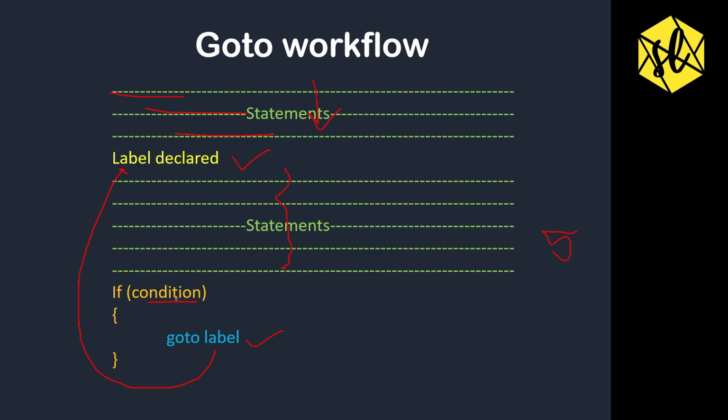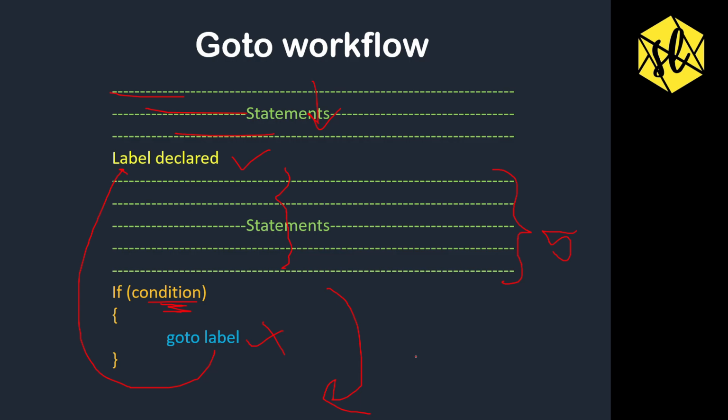Whenever this condition is true, these complete statements will be executed. This is what the goto statement will do. At the point where this condition becomes false, the goto statement cannot be executed, and the program control flow will skip this if part and then move to our further program. So this is what the goto statement does.